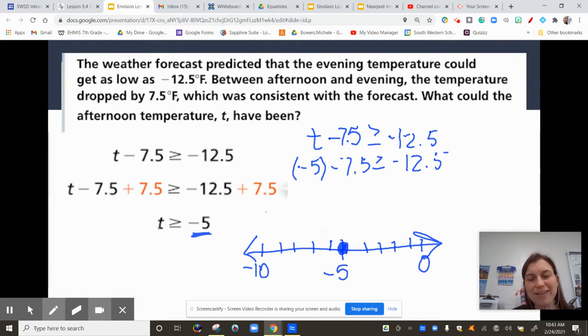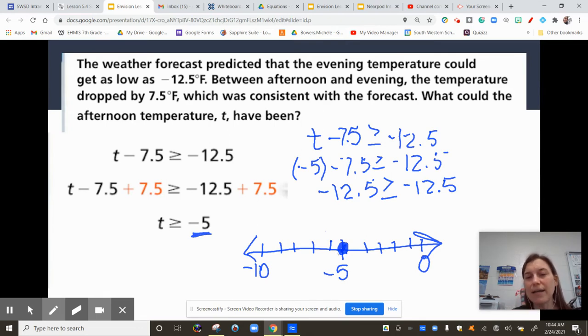And when I use a calculator, -5 minus 7.5 is -12.5. -12.5 is not greater than -12.5, but it is equal to, and equal to is allowed here. So that's why I did color in this circle.